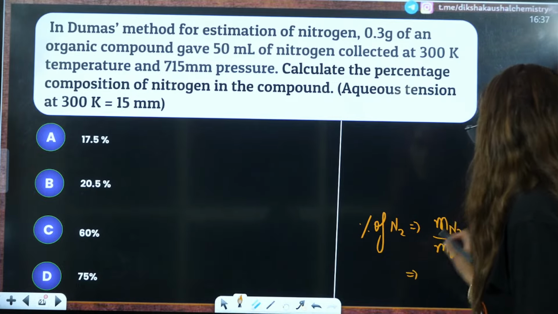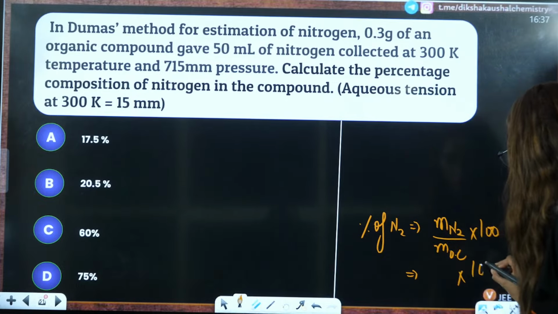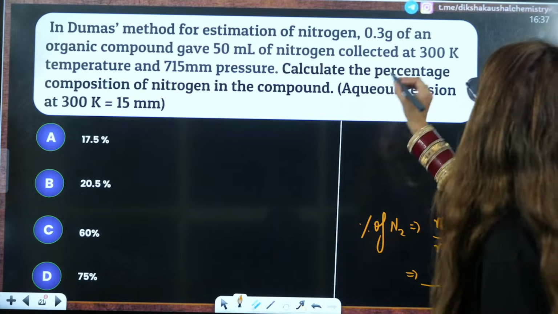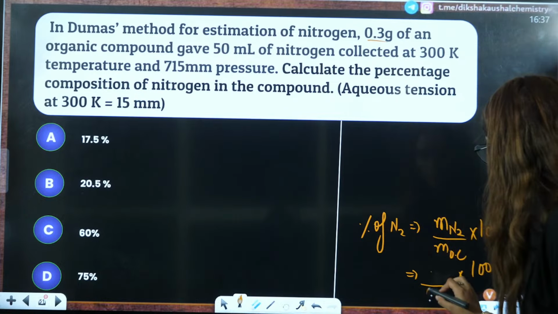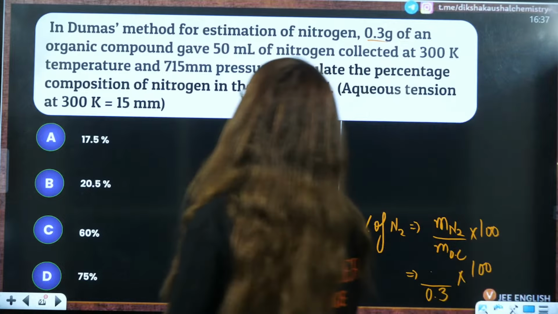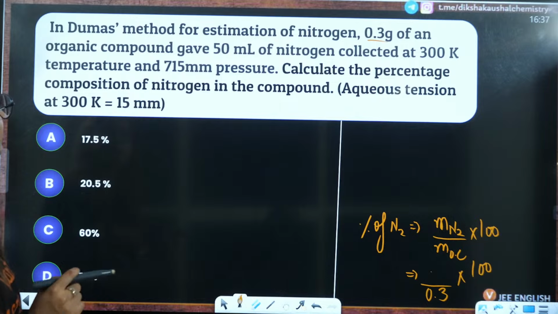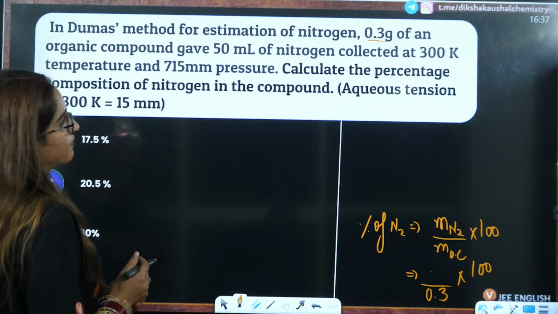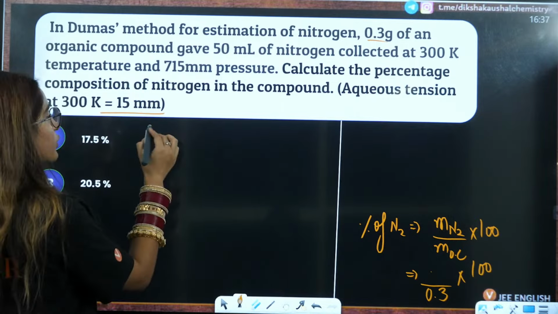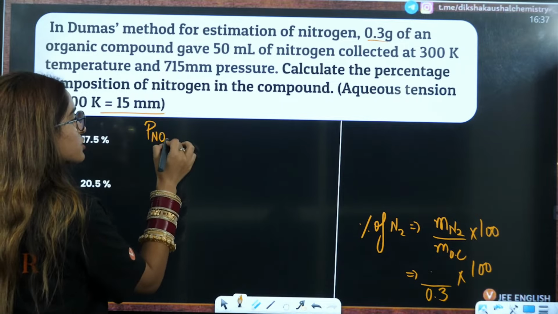Now the mass of nitrogen we don't know. We will solve that. Mass of organic compound is given to be 0.3. Now, 50 milliliter of nitrogen is collected at this temperature, at this pressure. Aqueous tension is given to us. First you will see the pressure of nitrogen.